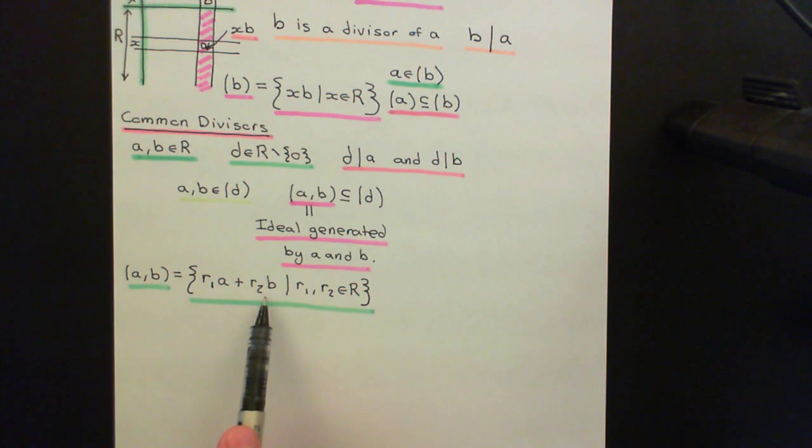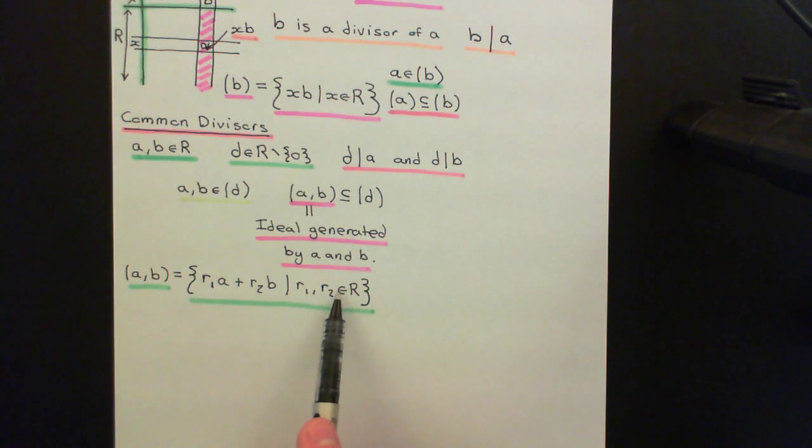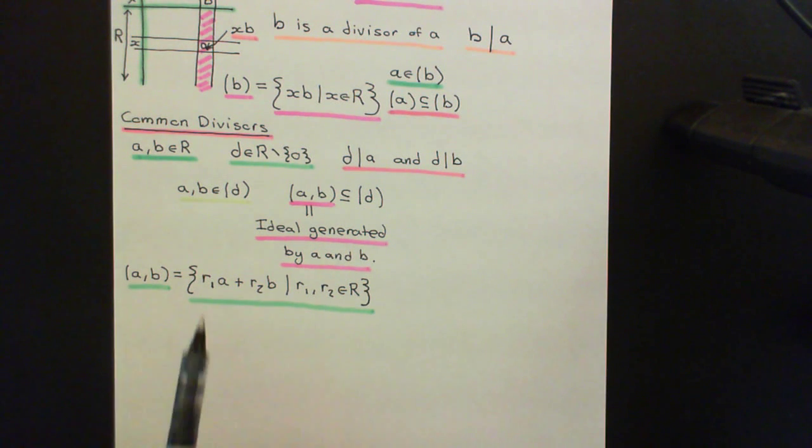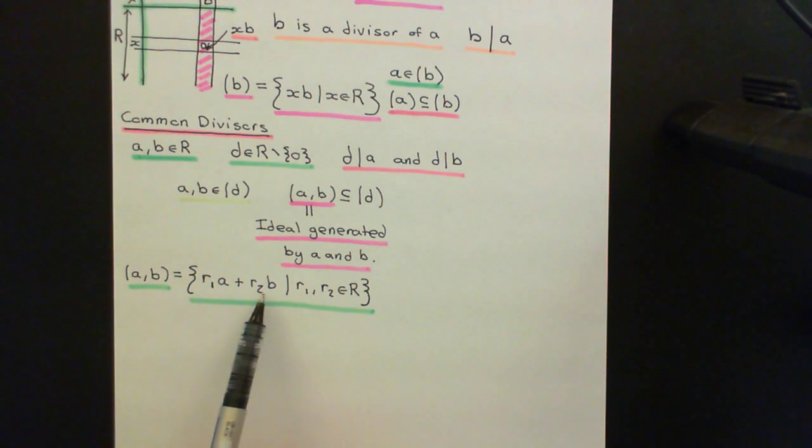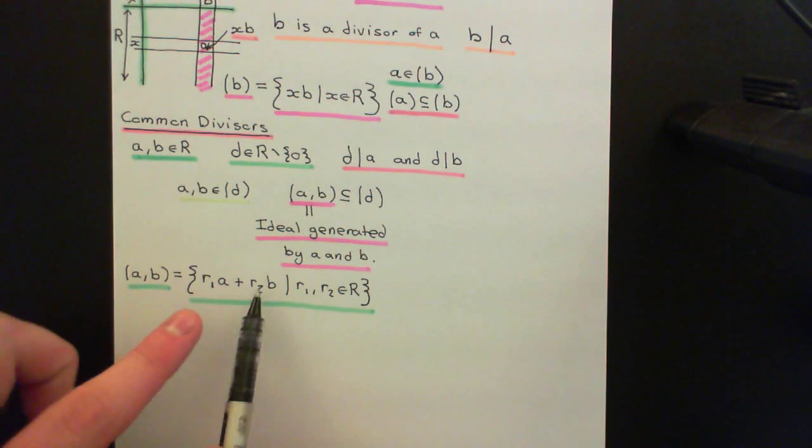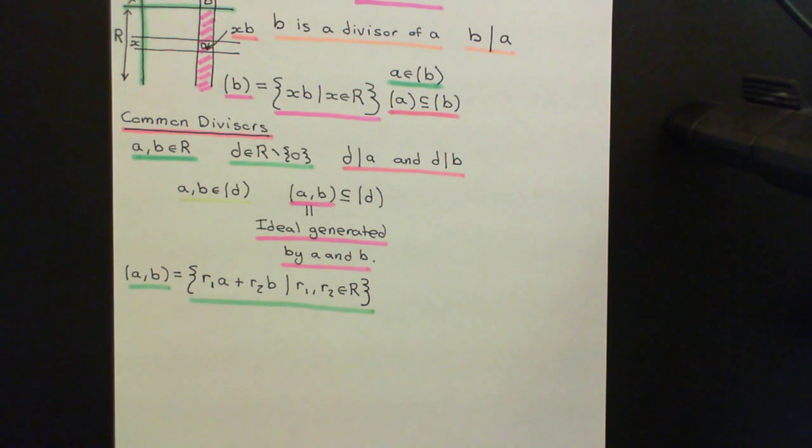Because the ideal is closed under multiplication again, any ideal that contains B must contain all multiples of B, so it must contain all things of the form R2 times B, where R2 is an element of the ring. And because it's an additive subgroup and therefore closed under addition, any multiple of A in this way, plus any multiple of B, must also be an element of the ideal. So any ideal that contains A and B has to contain all things of this form. We've agreed that now.